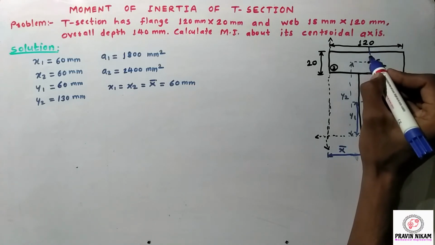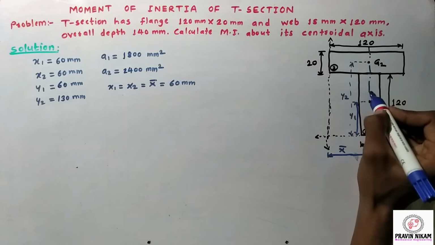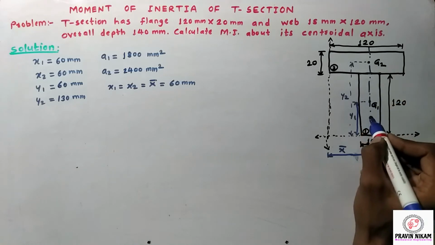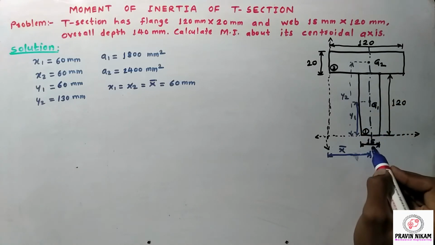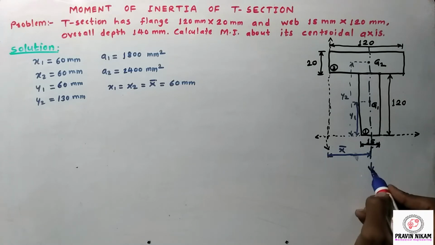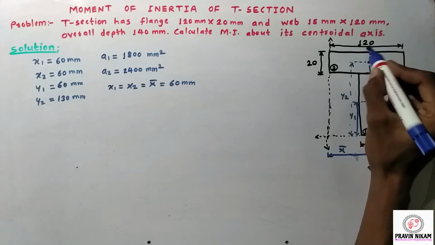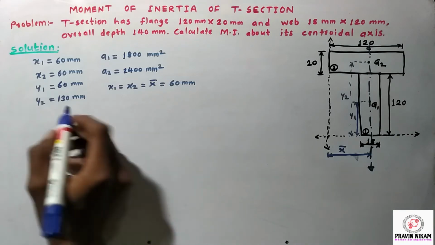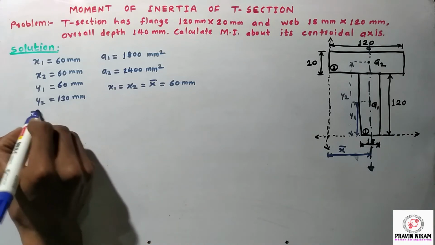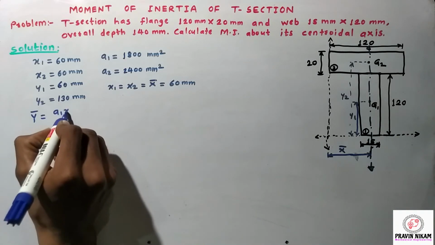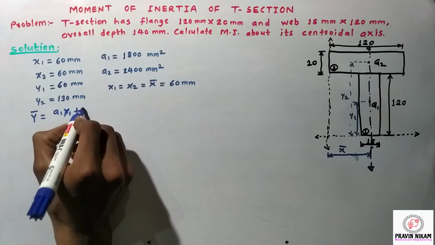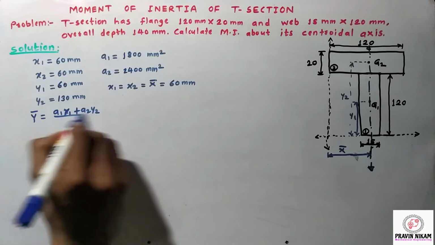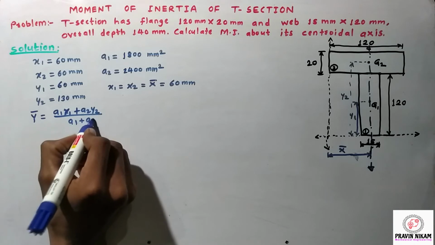Now draw the centroidal axis. See, it is passing through both G1 and G2. Now find y bar by using the formula (A1 y1 plus A2 y2) divided by (A1 plus A2).